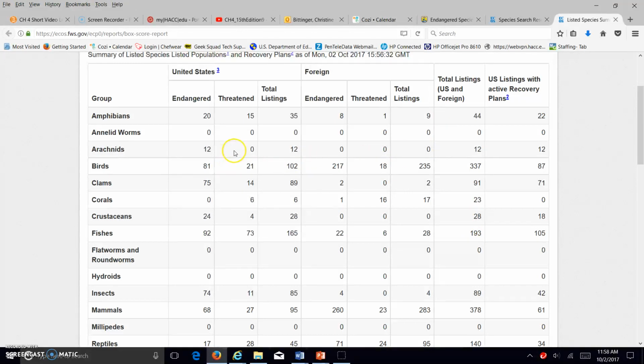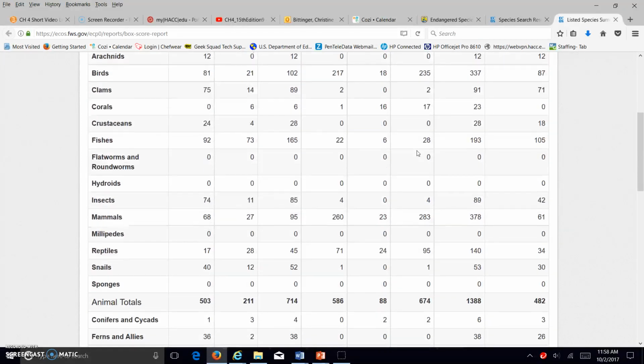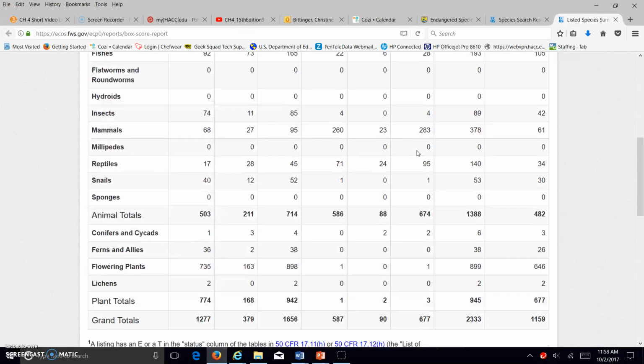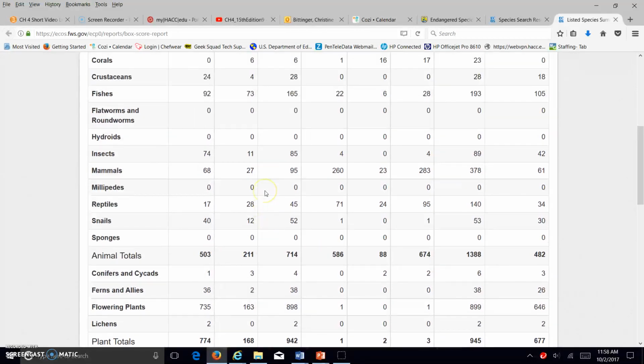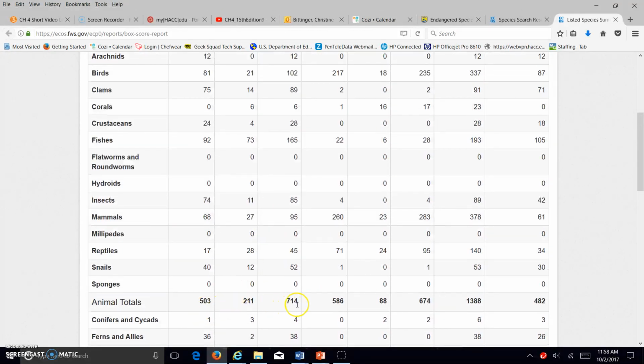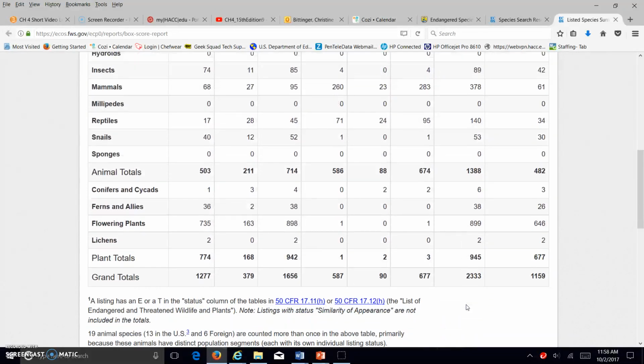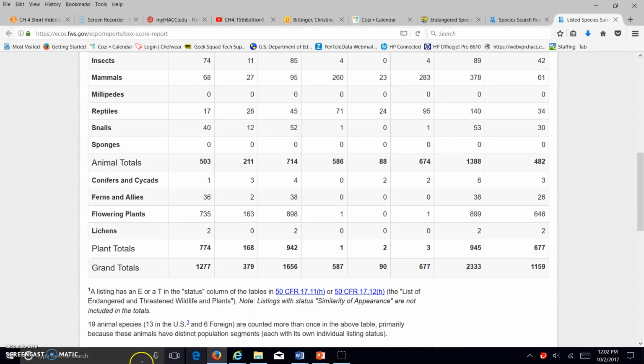Please notice that there are 12 endangered arachnids or spiders in the United States, and none are listed as being threatened or endangered at the international level. Overall, this chart is depicting that in the United States we have 714 species identified as threatened or endangered, and globally 1,388 species. So it's a good website to go to.